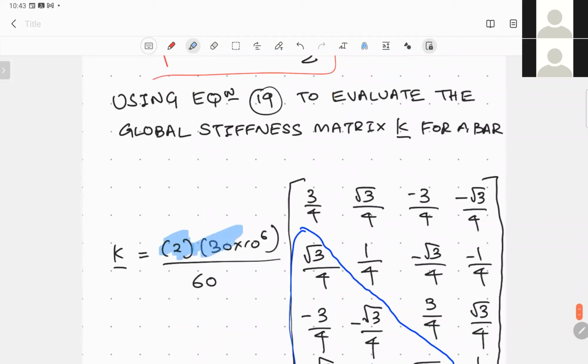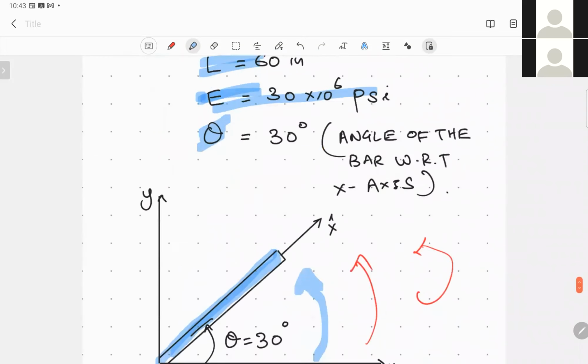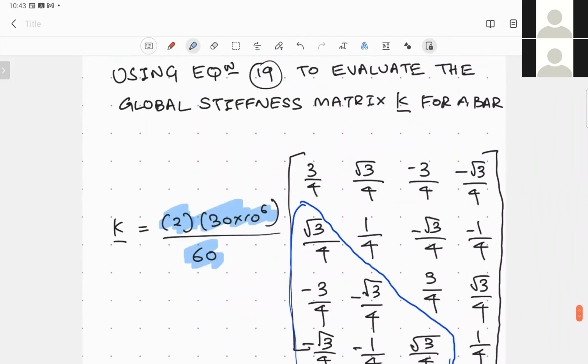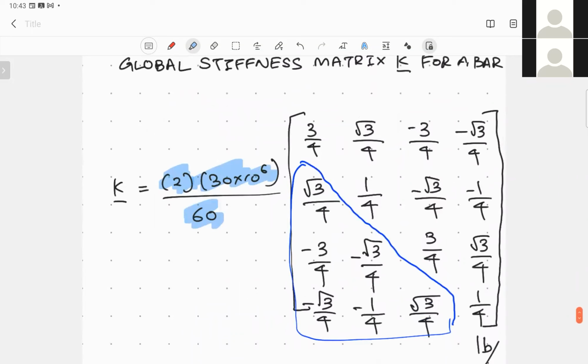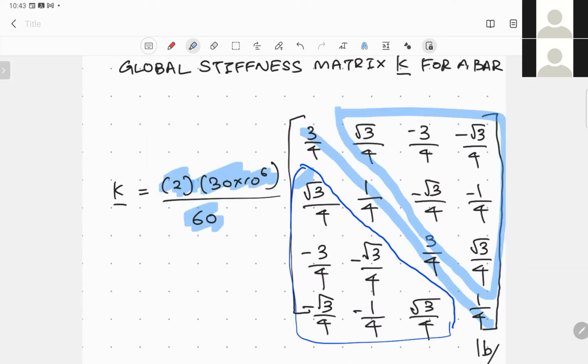Cross-sectional area, modulus of elasticity and the length of the element are given. Here we have used imperial units, and of course you end up getting a symmetric matrix. You can see these two triangular shaped subdomains are symmetric around the diagonal.